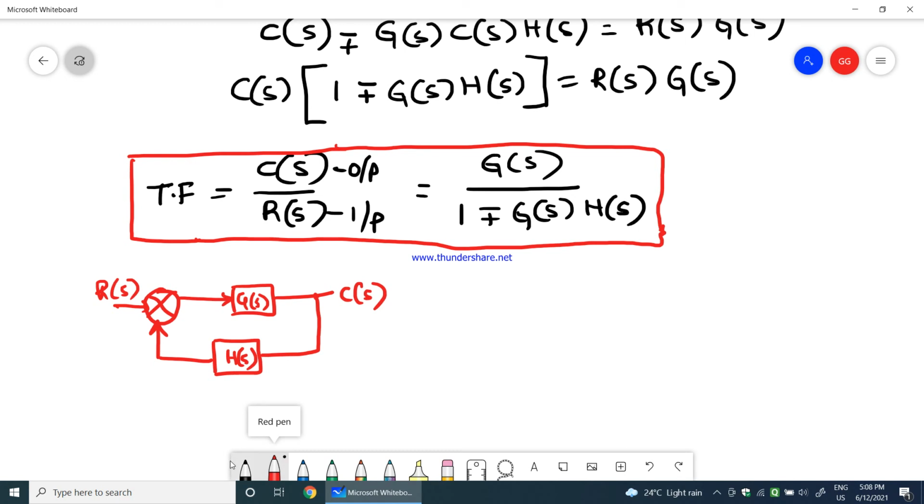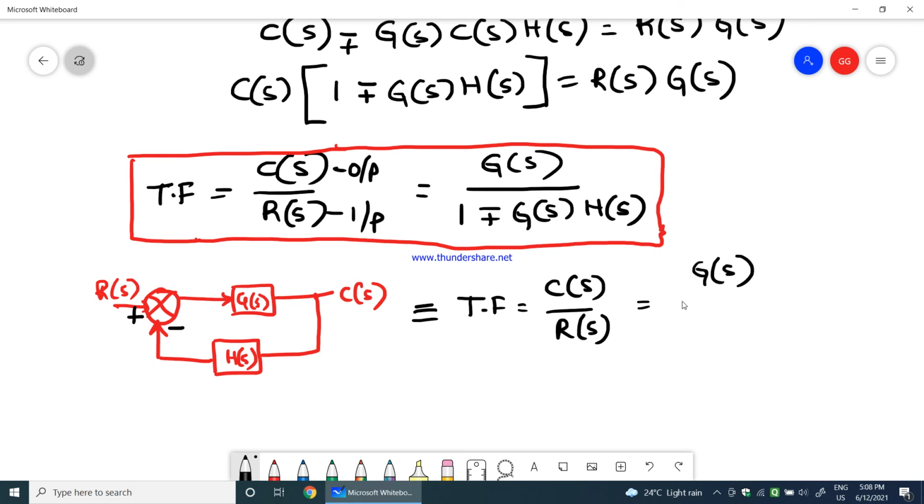So for this, if I have minus here, this will have a transfer function c of s by r of s equal to g of s by 1 plus g of s into h of s. If I have negative feedback, in the formula it becomes positive. Very important point which I am telling you. So if the feedback is negative, then it becomes positive in the equation.